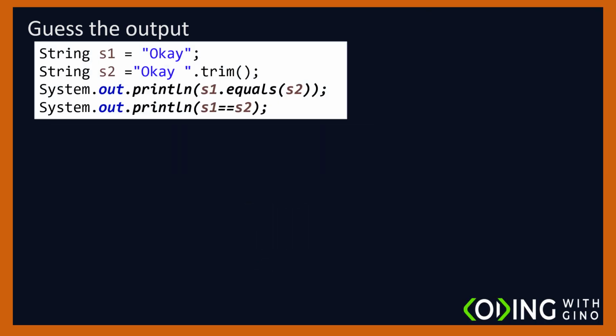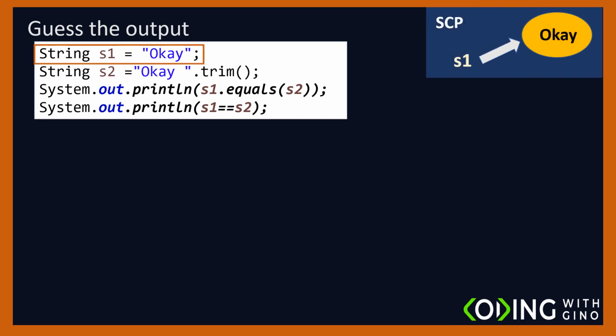This is a tricky one. Guess the output. S1 gets created in SCP. String S2 is again the word "OK", but with a blank space in the end.